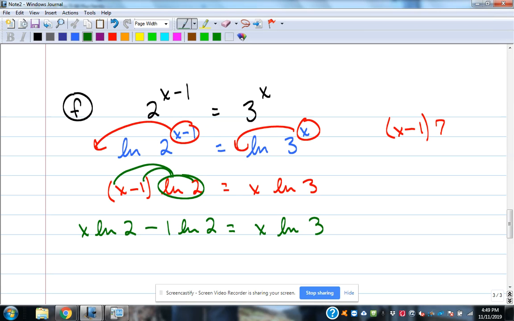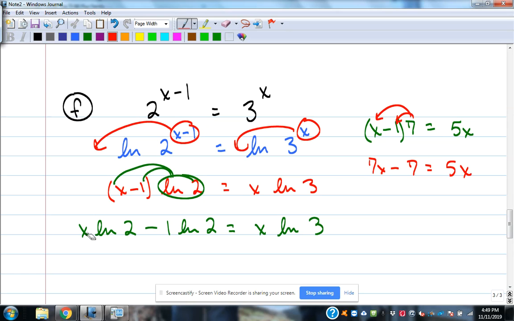In an algebraic expression, let's say, for example, we had that problem, x minus 1, 7 in parentheses, and on the other side we had 5x. And we did the math that you guys said we would have done. We'd have distributed this: 7x minus 7 equals 5x. Which of those would be like terms? Because they both have what? X's. So on our problem, it's a little more complex because it's got the natural logs in it.